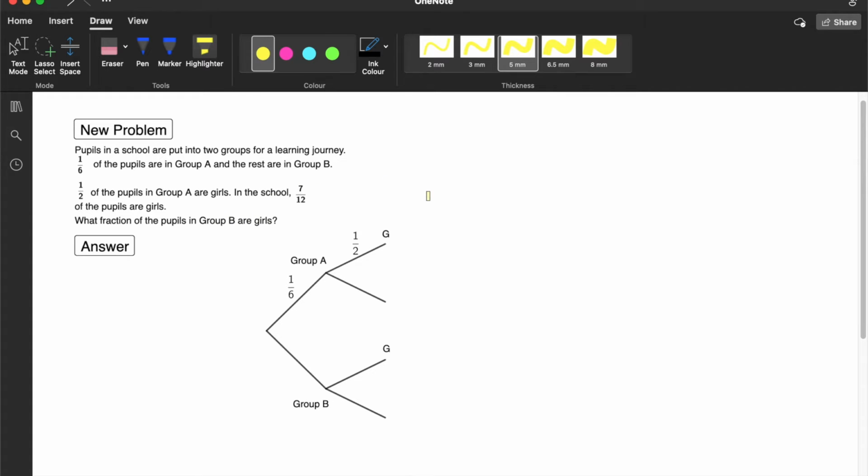Right, so I want to clarify something before I proceed with tackling this problem. You will notice that I have represented the information here in this diagram. This diagram is called a tree diagram, or more exactly, a probability tree diagram.